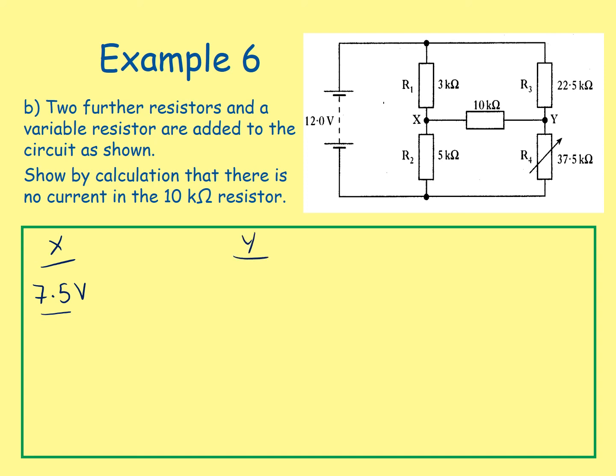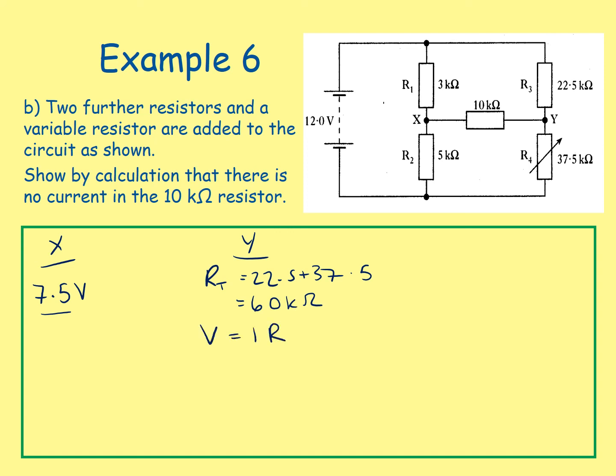On Y, we first want to calculate the total resistance in order to work out the current, to then work out the voltage across R4, as this is our potential at Y. So our total resistance is 22.5 plus 37.5, which gives us 60 kilo ohms.